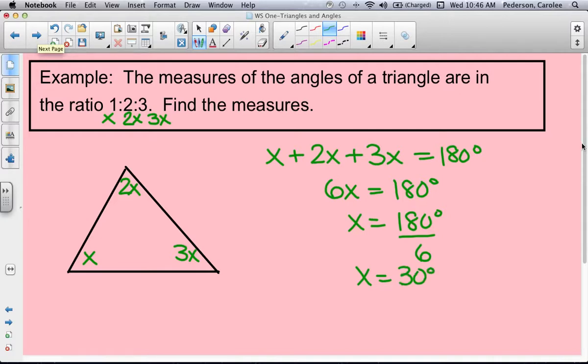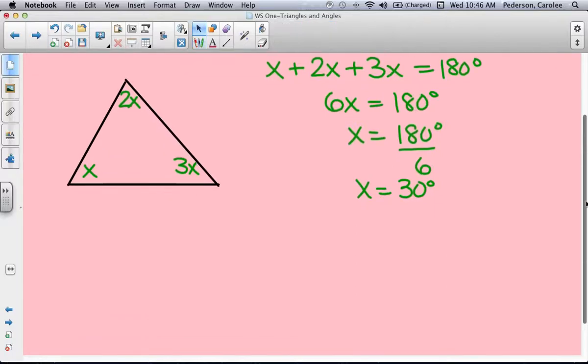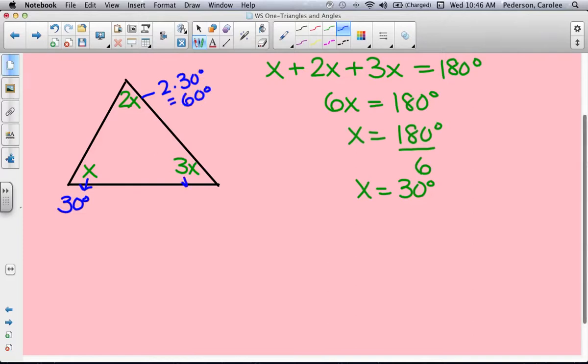So now if we come back to our picture to find the angle measures, x is 30 degrees, 2 times x equals 60 degrees, and 3 times x is 90 degrees. If you check, if you add up 30, 60, and 90 together, those three total 180 degrees.